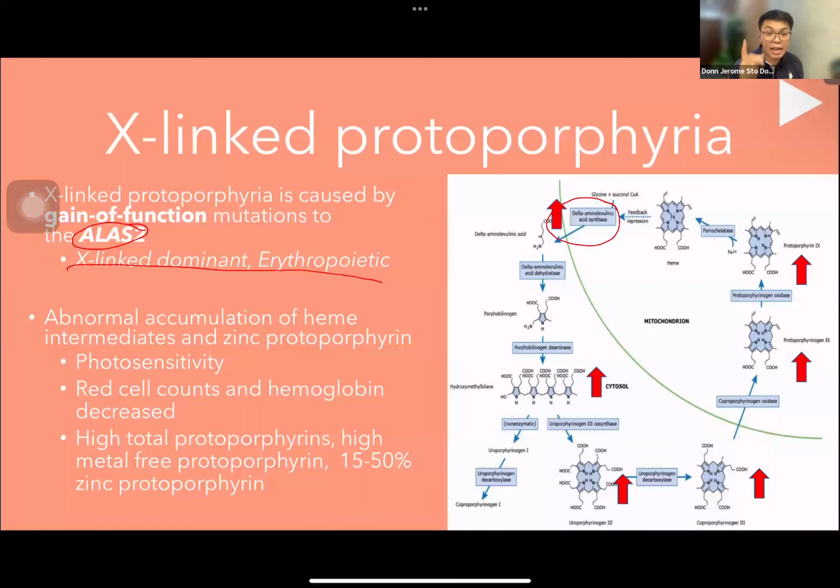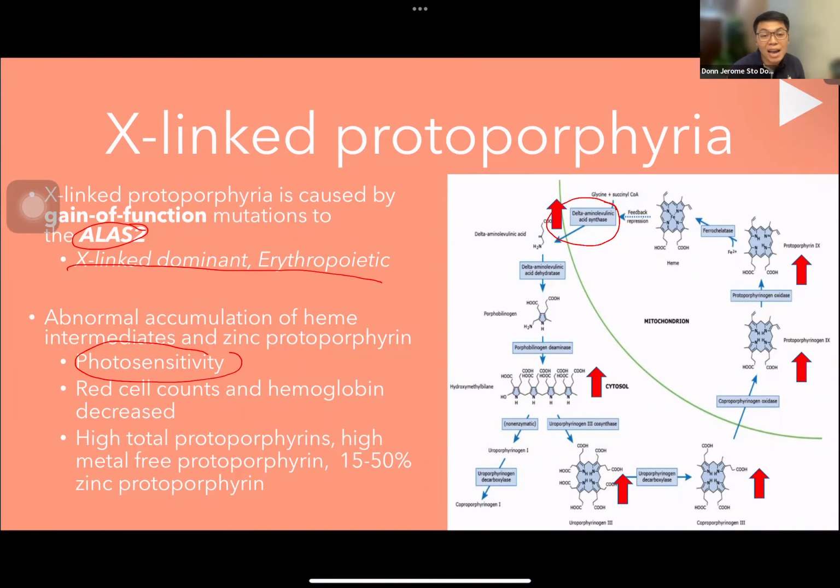Because of this, the intermediates of your heme synthetic pathway would also elevate. Of course, ALAS is active, so the intermediates are also upregulated. Patients would manifest photosensitivity due to increase in porphyrins. They will have decreased red cells and hemoglobin, or anemia, because X-linked protoporphyria patients have relative iron deficiency.